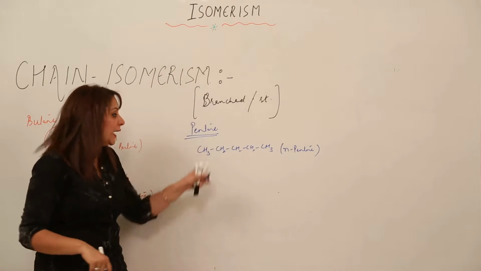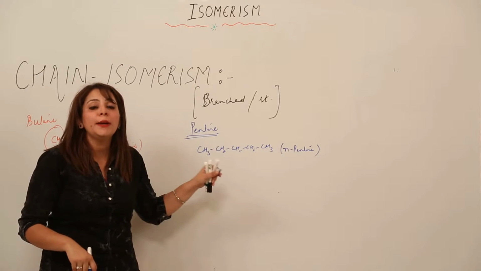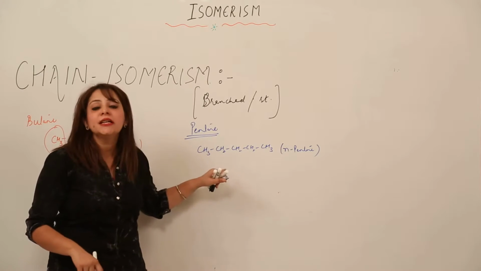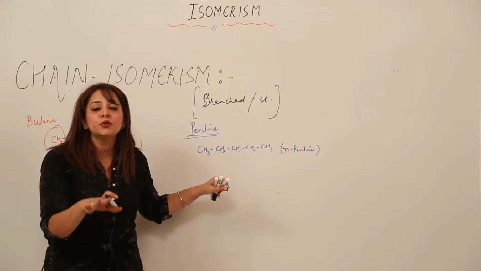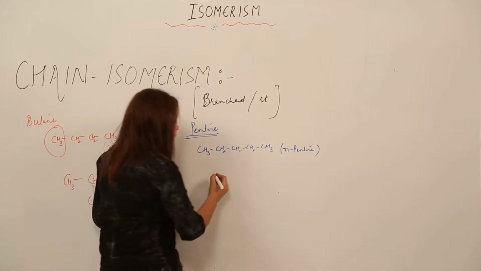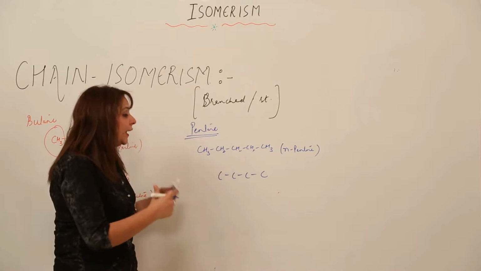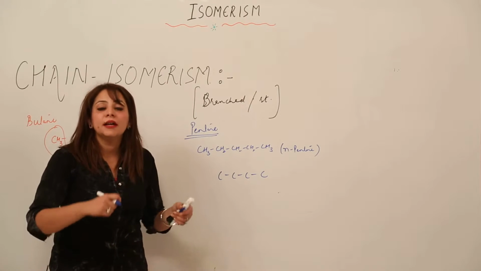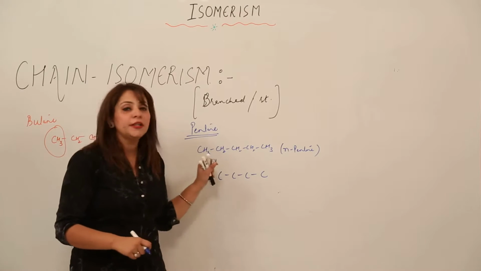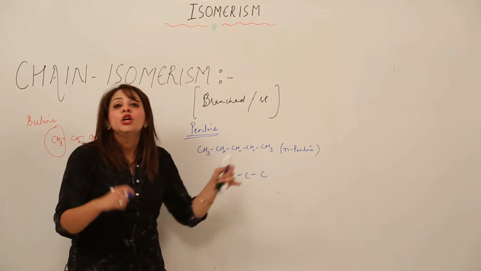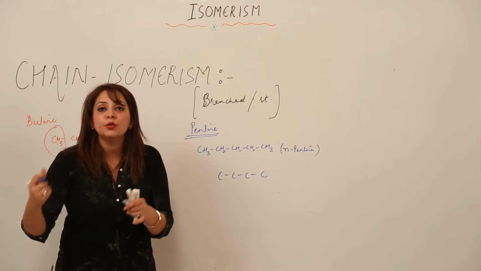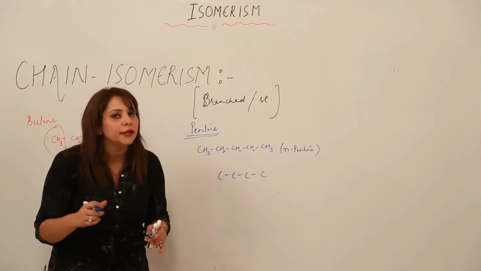If I wish to make an isomer of it, what am I going to do? Initially the chain consists of 5 carbons, so I am going to reduce it to 4 carbons, right? So I have a chain of 4 carbons now. What am I going to do with the 5th one? I am going to shift the CH3 from the terminal position, either this or that, and attach it to any carbon present at a non-terminal position.